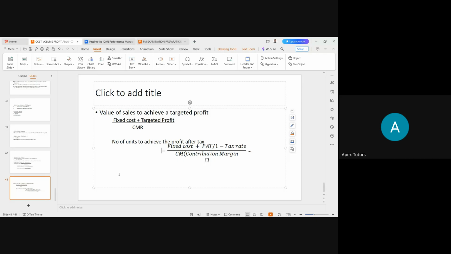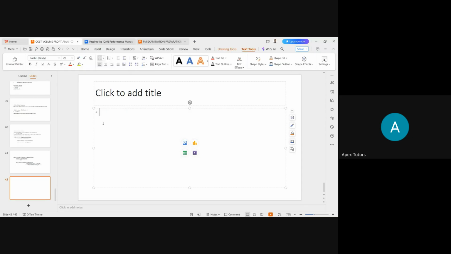So now we can also compute value of sales to achieve the profit after tax. So it's just to use CMR and not CM.